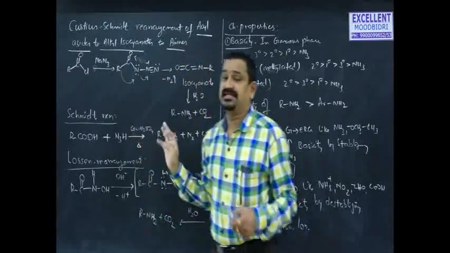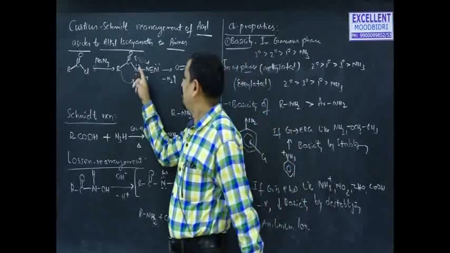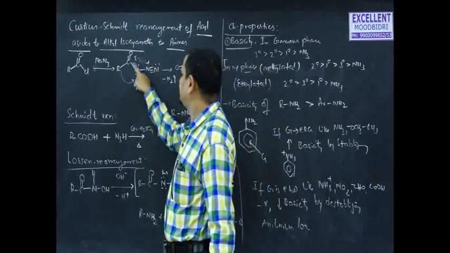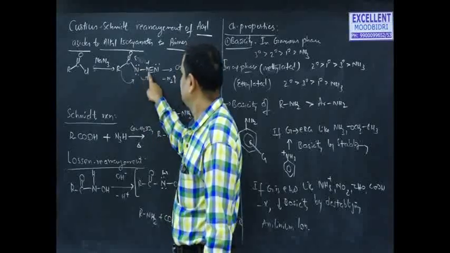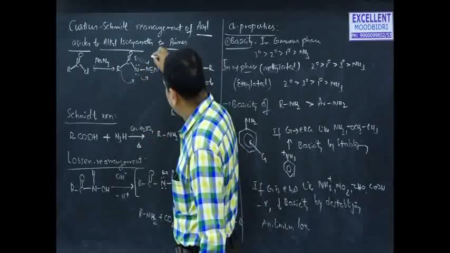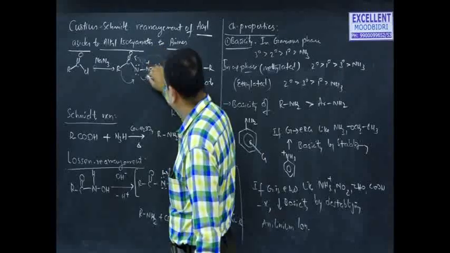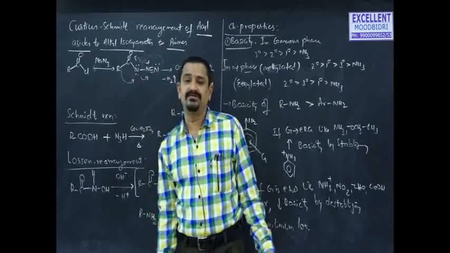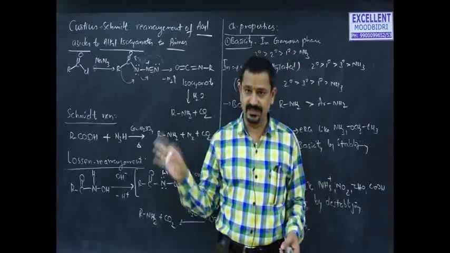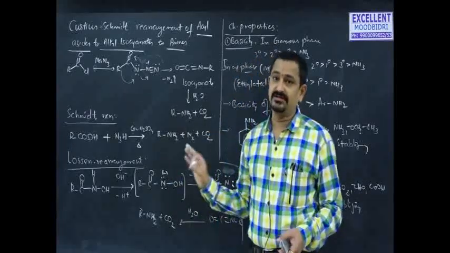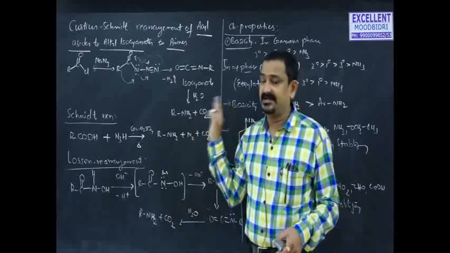One should understand this electronic picture. Now, nitrogen is electron dense here; it has its complete octet of electronic configuration. This point you need to observe: this is a good leaving group. N2 plus is always a good leaving group. In my previous classes, I had specified the best leaving group is N2 plus, the first one in the decreasing leaving group ability.